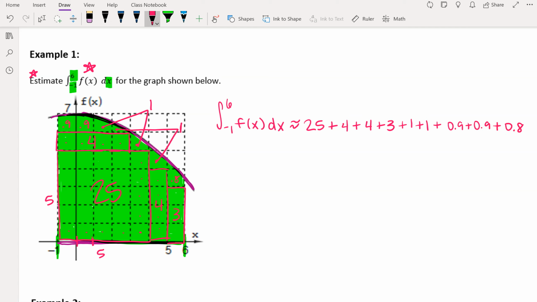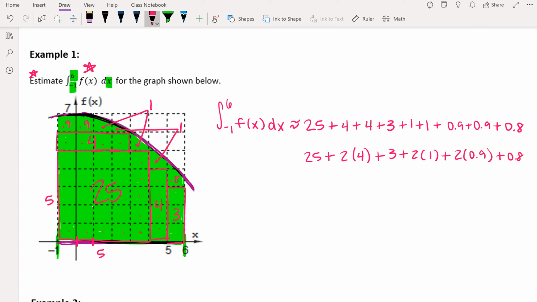Now, I wrote all of this out just so you could see what I'm doing here. I'm just adding up all the areas, right? But we didn't have to write it all out. Expanded like this, we could have done 25 plus 2 times 4, because there's 2 4s, plus 3 plus 2 times 1 plus 2 times 0.9 plus 0.8.